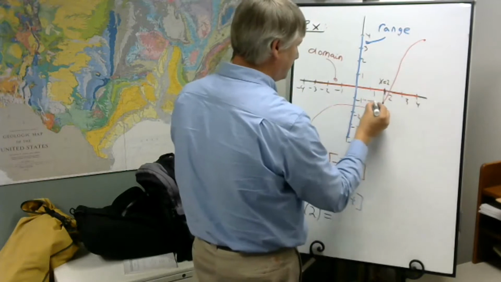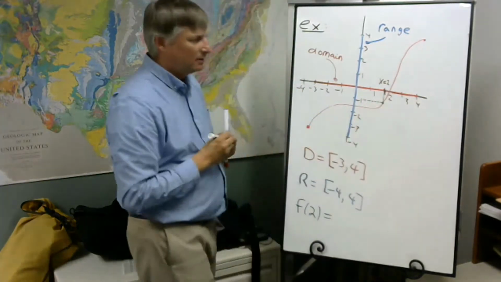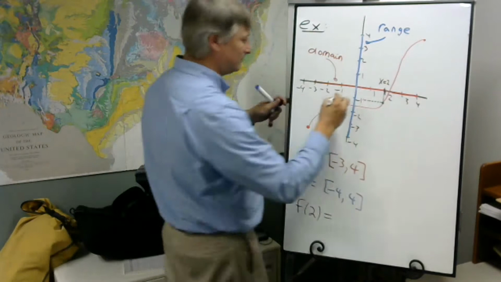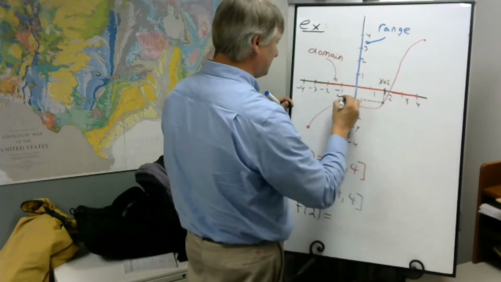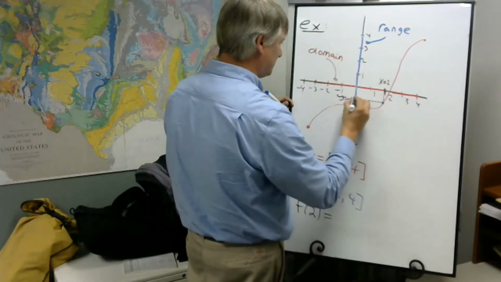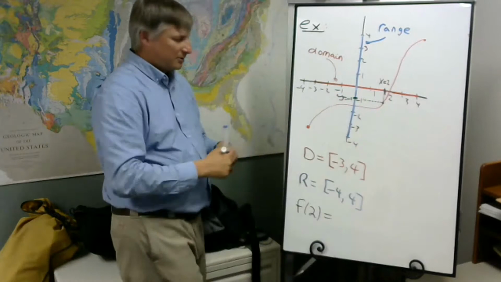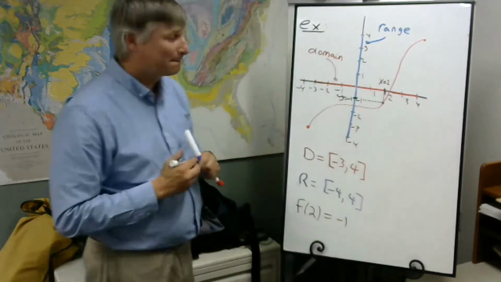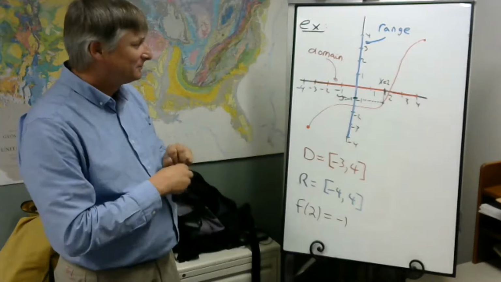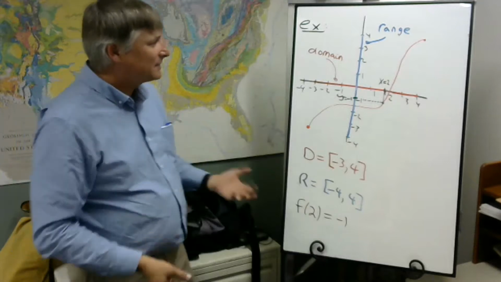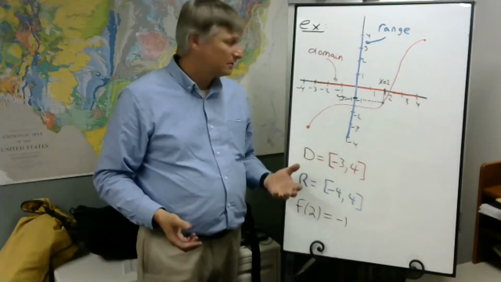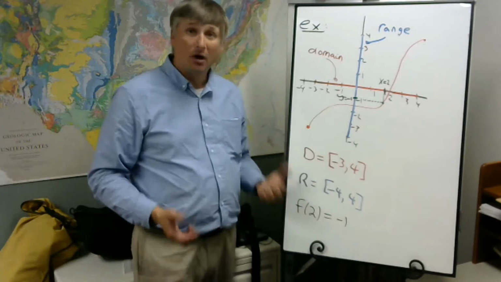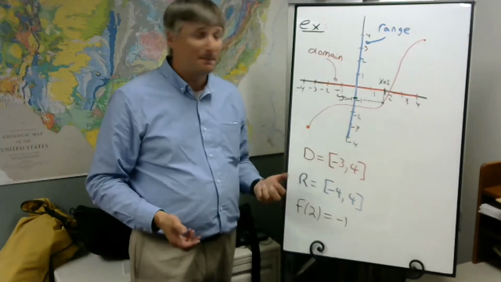We have a y value of -1. So that means f of 2 is -1. And so that's how you can find domain and range and find the values of functions on a Cartesian plane.